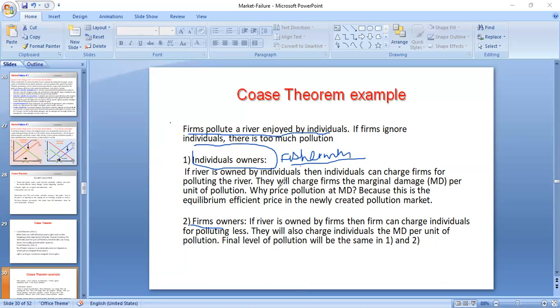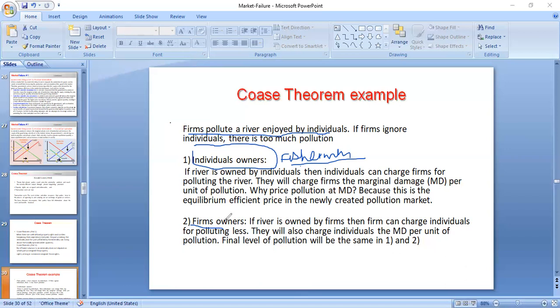And on the other side, he said that if the government assigns the property rights of owning the river to the farm, then on the other hand, it would be the fishermen who pay the farm to allow them to fish from that river.